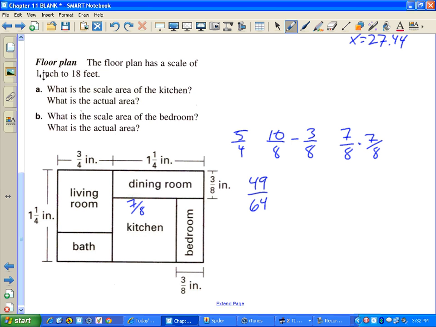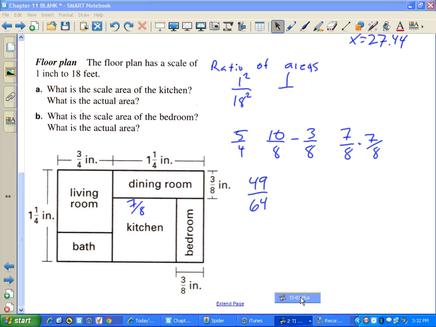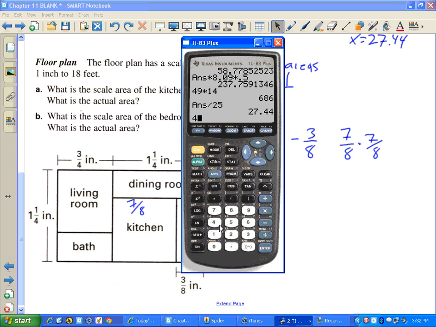Well, if the floor plan has a scale of 1 inch to 18 feet, then the ratio of areas, since the side ratio is 1 to 18, is going to be 1 squared to 18 squared, which is 1 over 324.